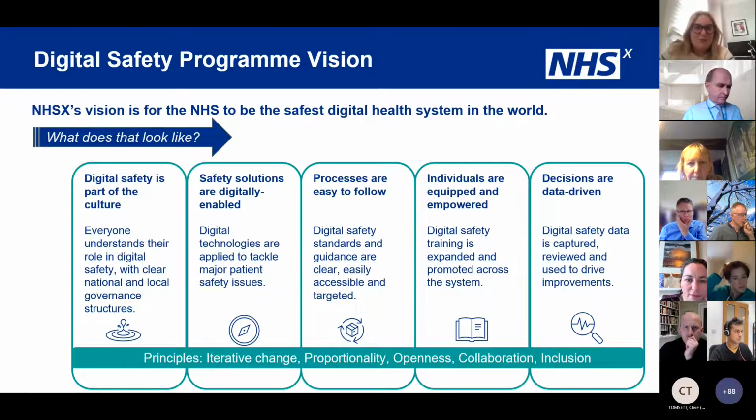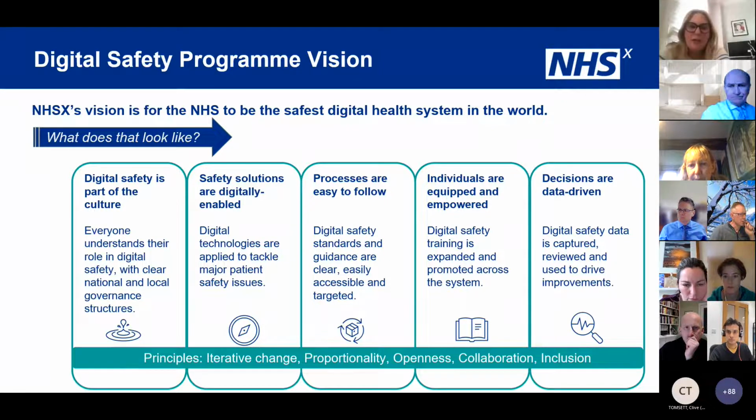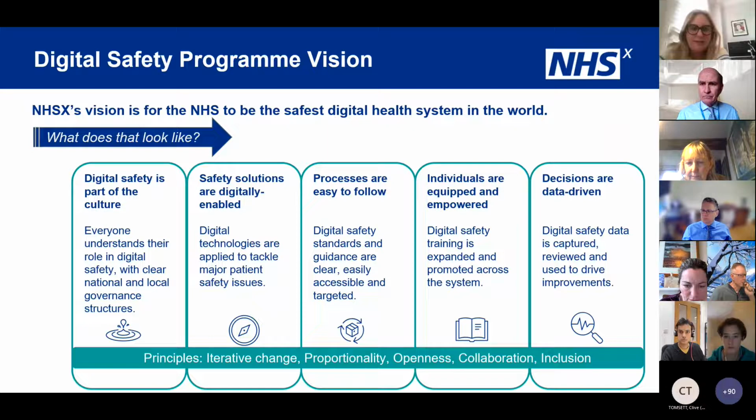So this is a really quick introduction to what our vision is in NHSX for digital health. We really want to ensure that we become the safest health and care system in the world. In order to do that, we've identified 5 key things that we think are necessary.